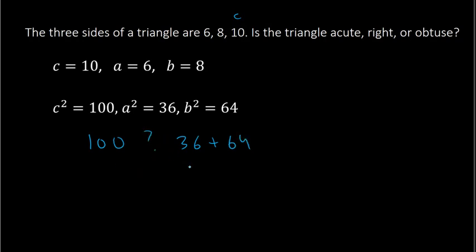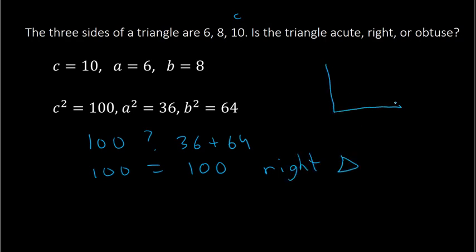Well, 36 plus 64 is equal to 100, which is equal to 100 on the left side. So it's equal. c squared is equal to a squared plus b squared, which means that we have a right triangle. So our triangle is going to look like this, and we have the sides being 6, 8, and 10.